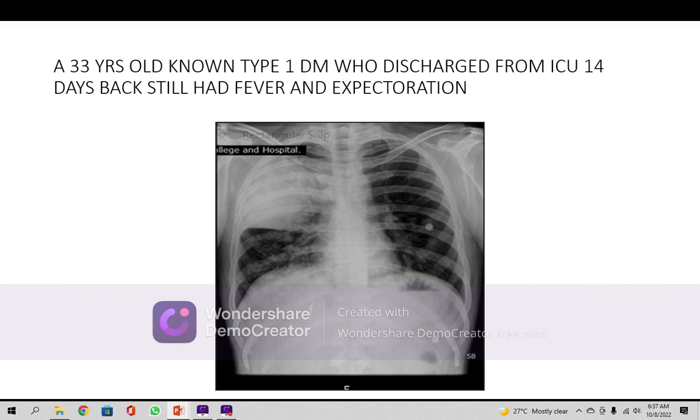And one which is called aspergillosis can cause this type of lesion. This is the differential, although the most likely diagnosis was non-healing of the lobar pneumonia.